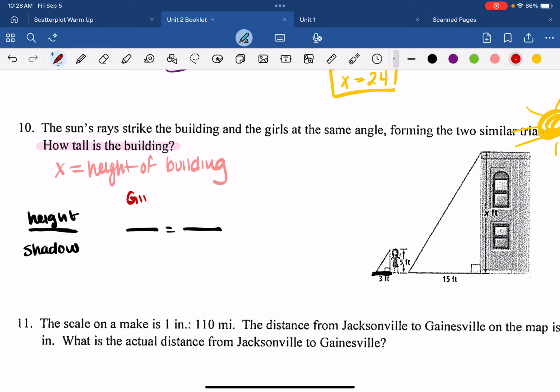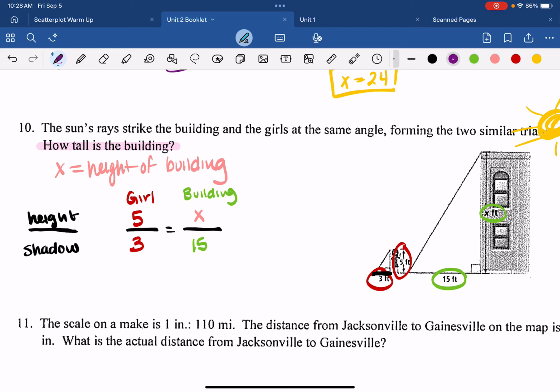So here's our girl. The girl I know is 5 feet tall, so that's her height, and her shadow is 3 feet. Perfect. Now let's do the building. The building height is x. That's what I don't know. That's what I'm trying to find. And its shadow is 15.